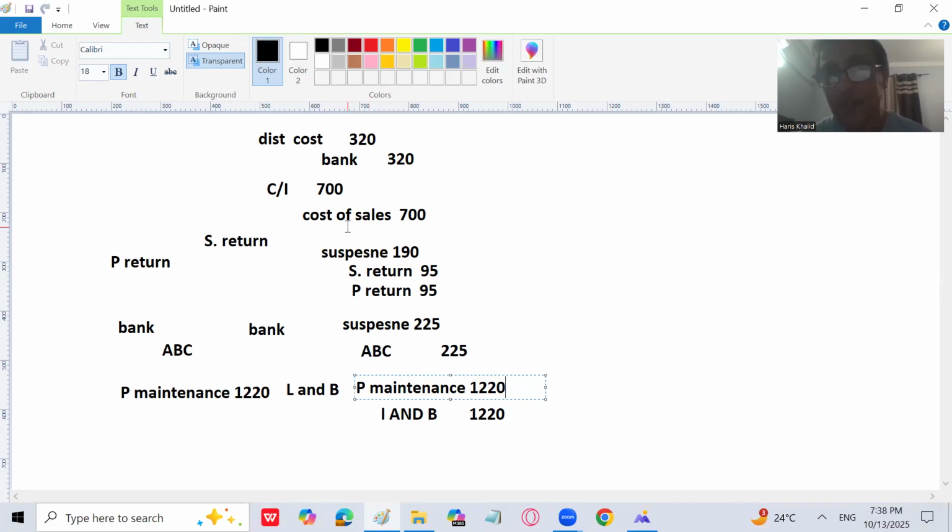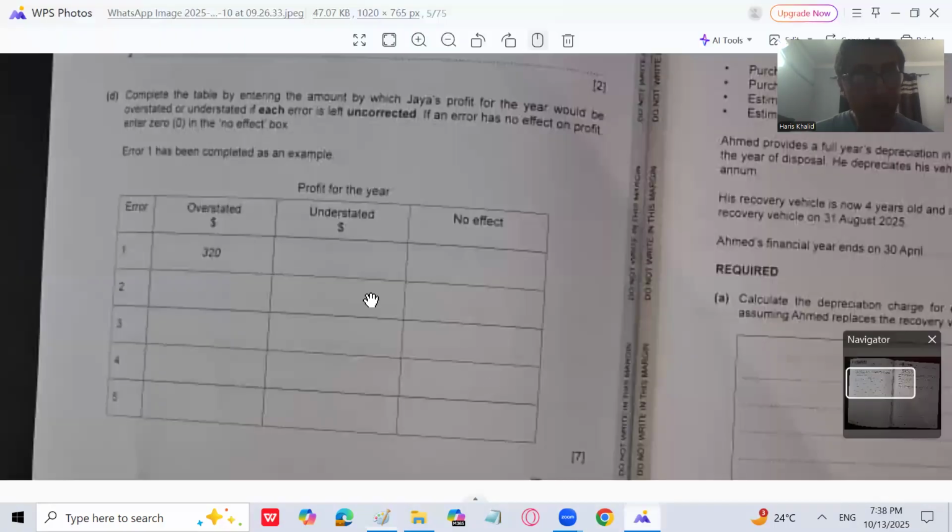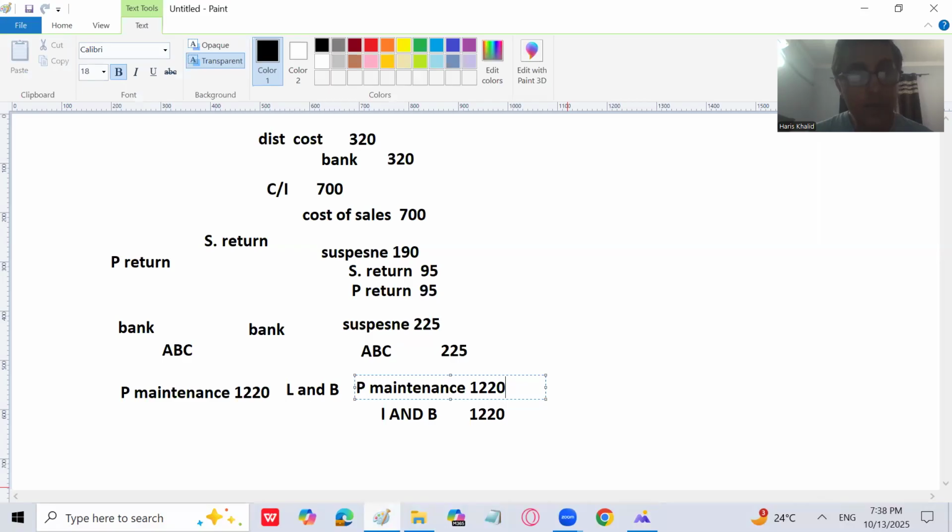You will go in reverse. You decrease, which means it is going to be understated. Profit will be understated by this particular amount. So you will write here understated with the amount of 700. It's very simple: for cost of sales, profit is going to be understated by 700.